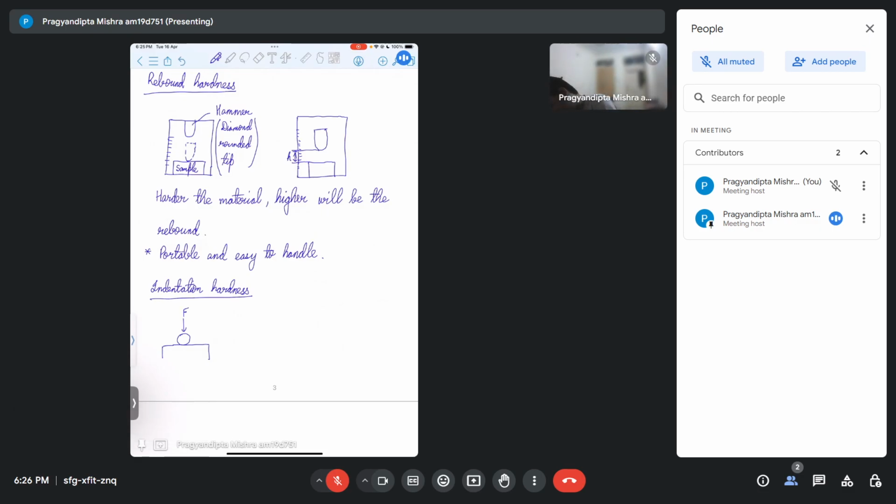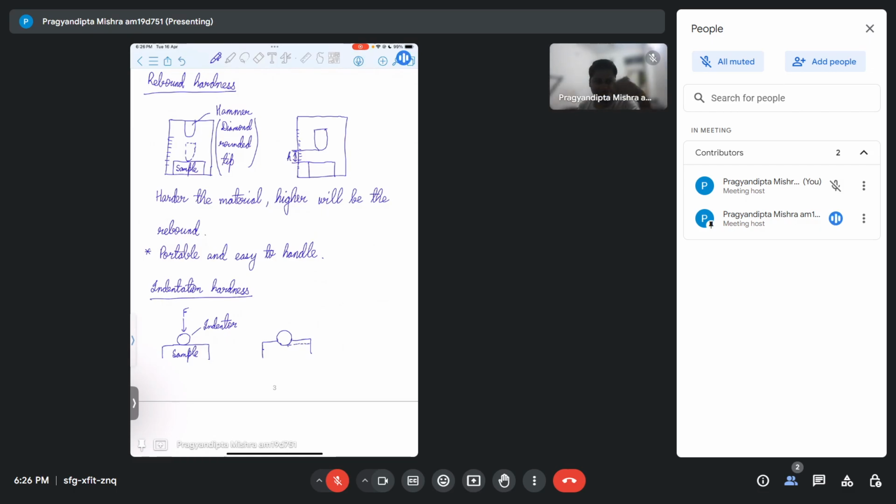And so I'll just mark it. This is your indenter. Okay, so your material will deform by some amount, so you will see something like this.